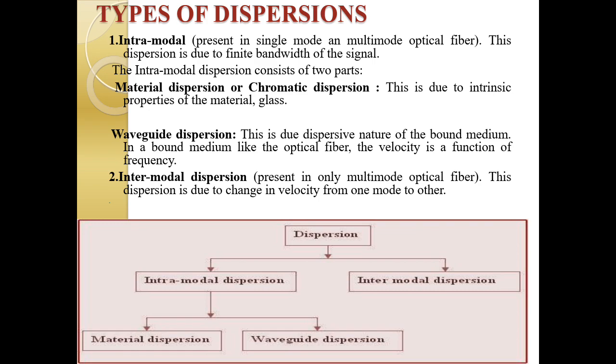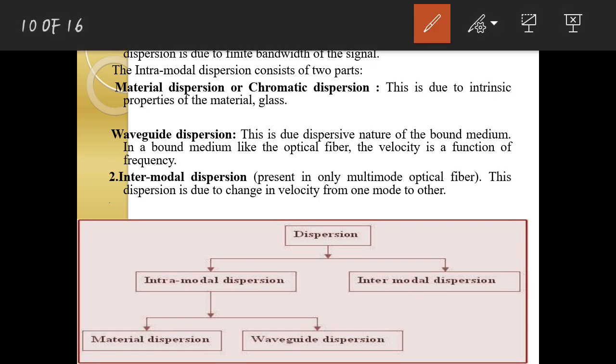What are the types of dispersion? Types of dispersion are broadly classified into two types: intramodal and intermodal. Intramodal is again classified as material dispersion and waveguide dispersion.